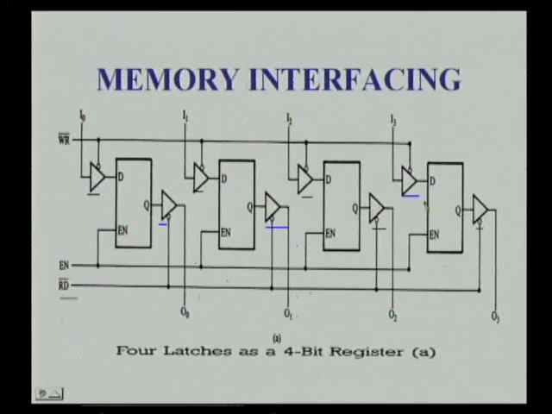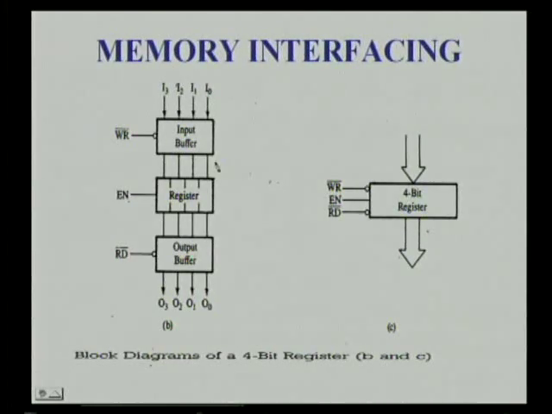So putting all these output buffers together, we can call it the output buffer, and we can extend this to 8 bits. Now this is the diagram for a 4-bit register. The register is enabled by this pin enable, and the input buffer is controlled with the write bar signal, the output buffer is controlled with the read bar signal, and with a single block we show the control signals and enable pin like this.